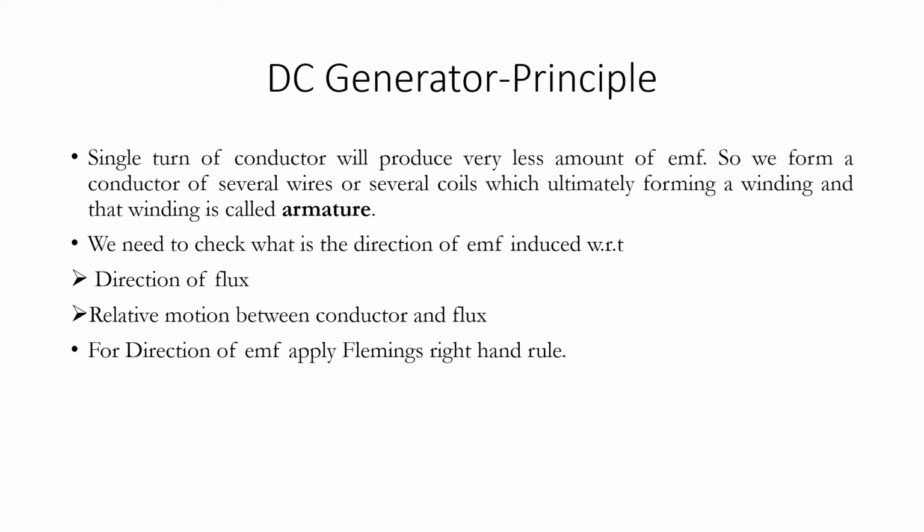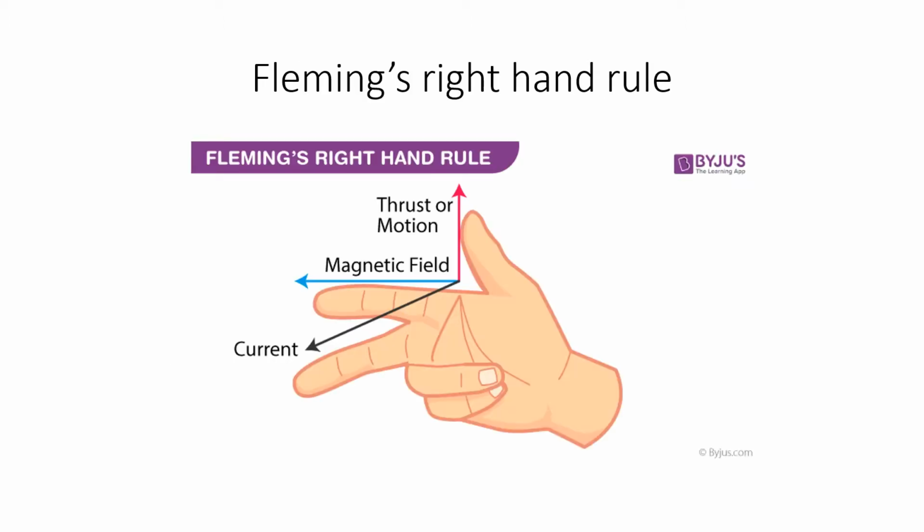The direction of EMF can be found by applying Fleming's right hand rule. So what is Fleming's right hand rule? We already know it. If you keep your right hand like this, the thumb finger, index finger and middle finger should all be at right angles to each other.